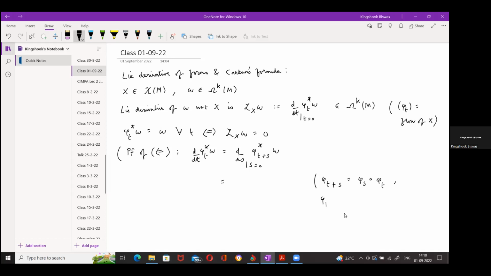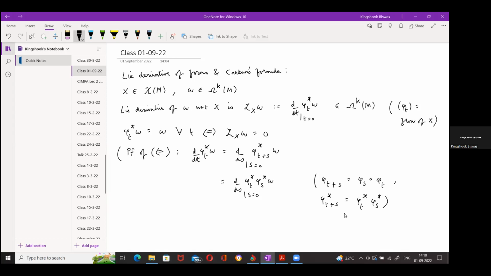So phi_{t+s} star will be phi_t star of phi_s star. So when you substitute that here, you get d/ds at s equal to 0 of phi_t star of phi_s star of omega.